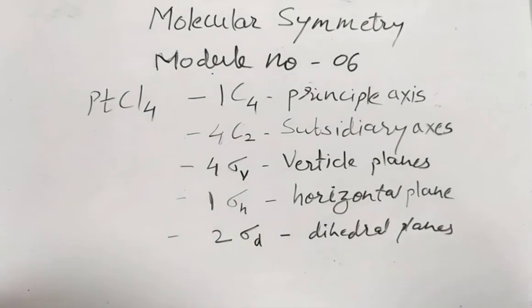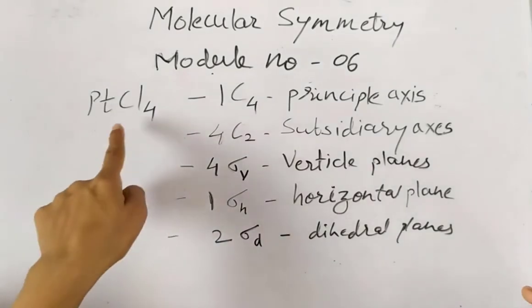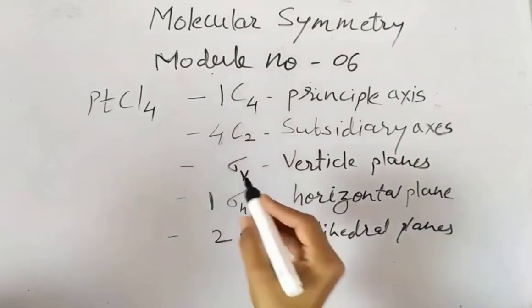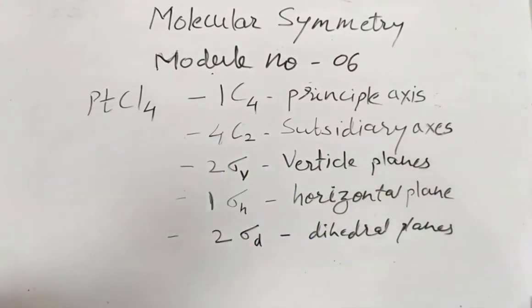So what correction do we have to make here? In the PtCl4 molecule there are present 2 vertical planes and 2 dihedral planes. Why?